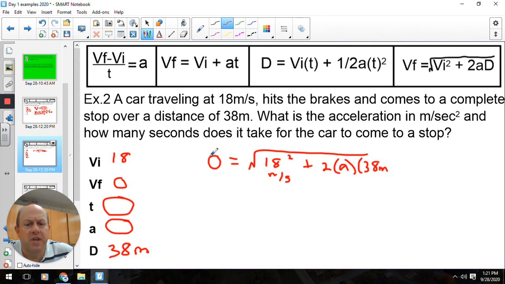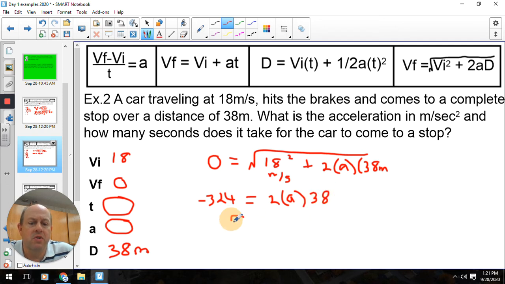So square both sides, and then 0 squared would just be 0, and squaring this side would get rid of the radical. So then we have 18 squared, and if we pull that over to this side, that'd be negative 324, equal to then the 2 times A times 38.